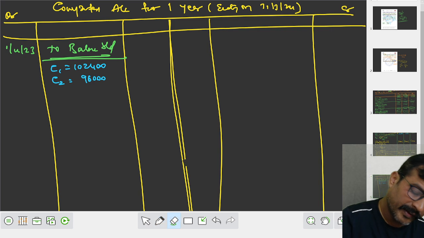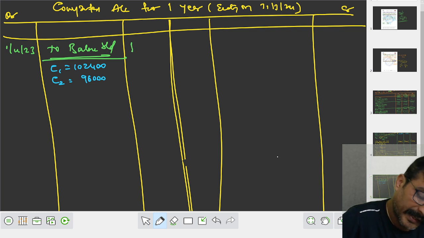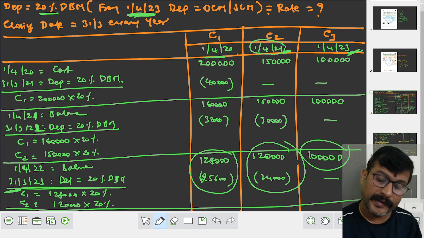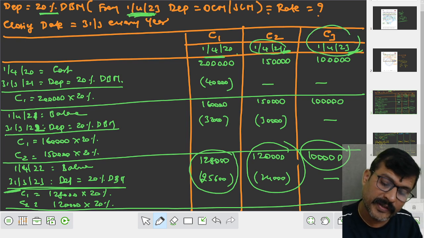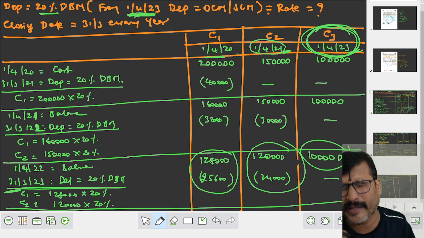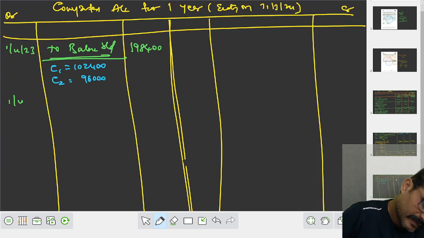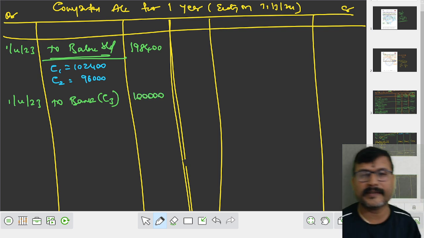When you are adding, we are getting the total of 1,98,400. Later on, my dear student, the third computer is purchased on April 23 for an amount of rupees 1 lakh, to bank.